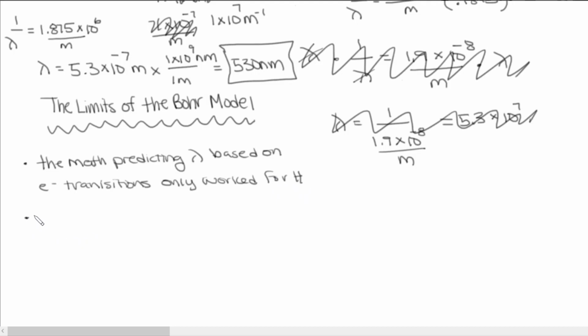Second problem is this model could not explain bonding. If we relegate electrons to these set circular orbits, it's very hard to explain how it is that electrons transition between elements for ionic bonding, or how electrons can be shared between elements for covalent bonding. And then lastly, it turns out that electrons don't actually exist in set circular orbits.